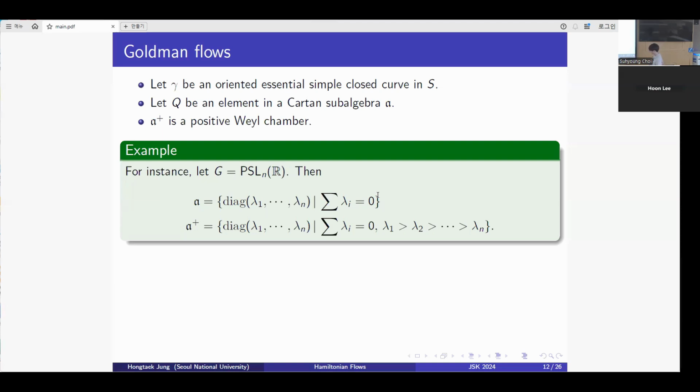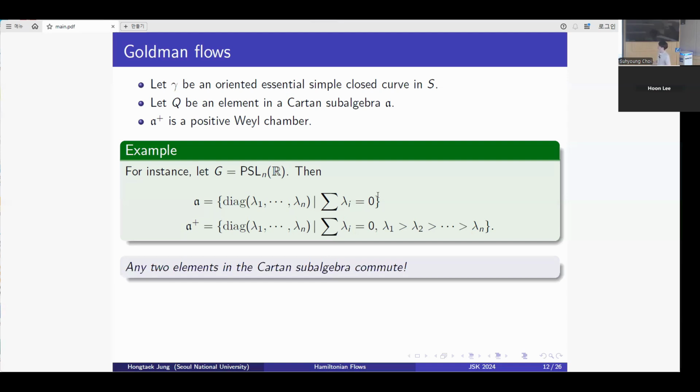The positive Weyl chamber is the subset of the Cartan subalgebra of diagonal matrices with zero trace whose diagonal entries are all distinct and sorted according to their size. You don't need to know what these Cartan subalgebras are, but the property we need is that any two elements in the Cartan subalgebra commute with each other.